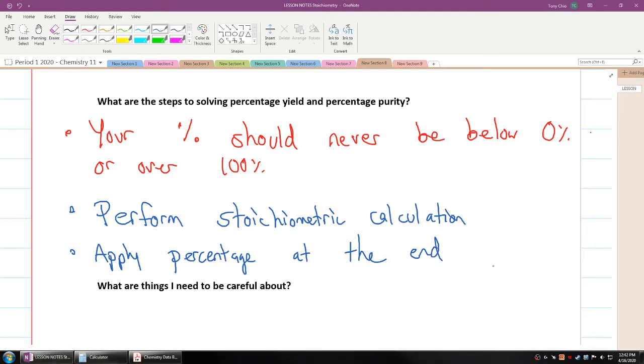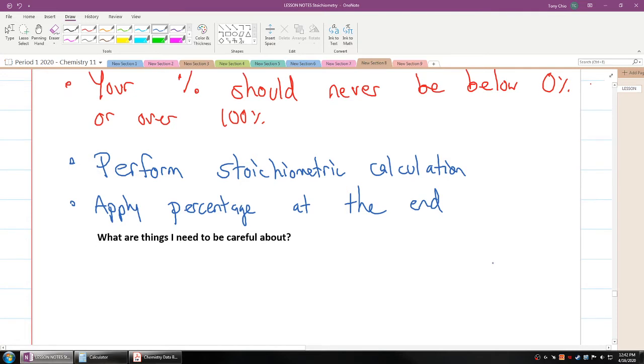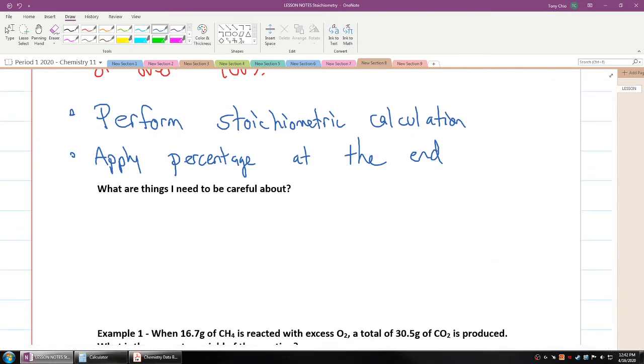So what are some things we should be careful about? Well, some of the things we need to be careful about is that when you are performing these, the amount of reactants you need in the real world is usually more than what the calculations ask for.